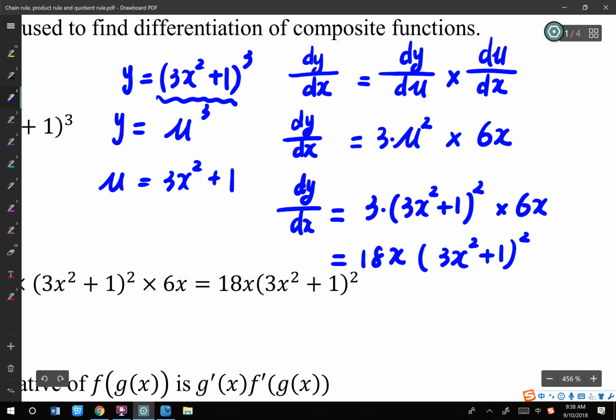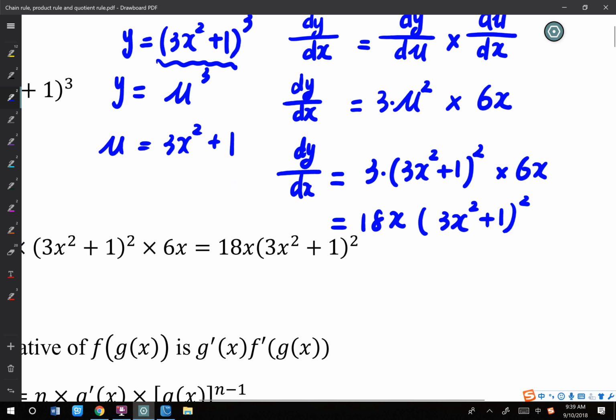But if I can make this something a single variable u, it's very easy to differentiate. U to the power of 3 is very easy to differentiate, and I don't need to worry about the x. So dy du is just 3u squared. And u equals 3x squared plus 1 is also very easy to differentiate. I don't need to do expanding or anything, so I can find my answer easily without expansion.